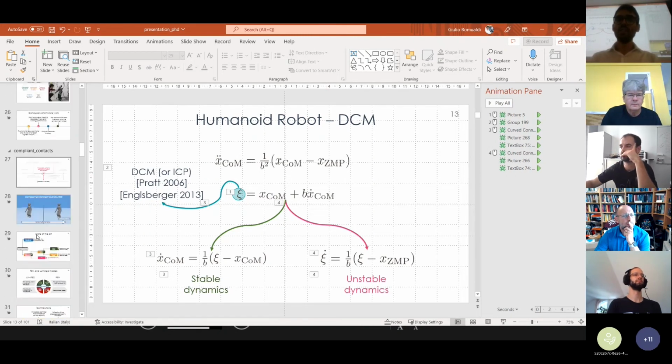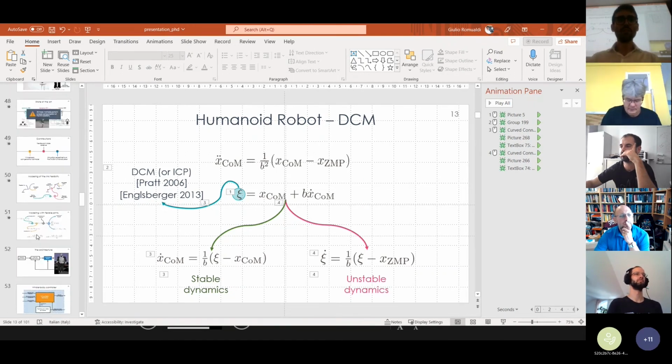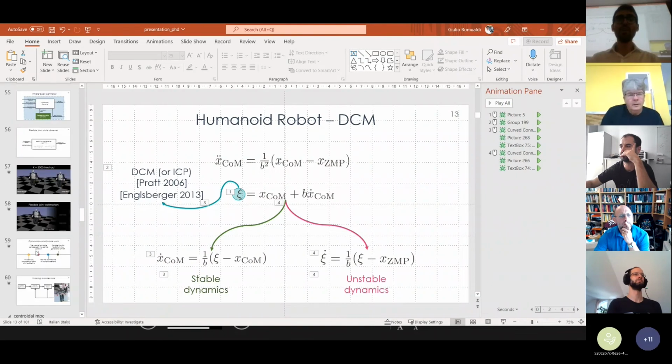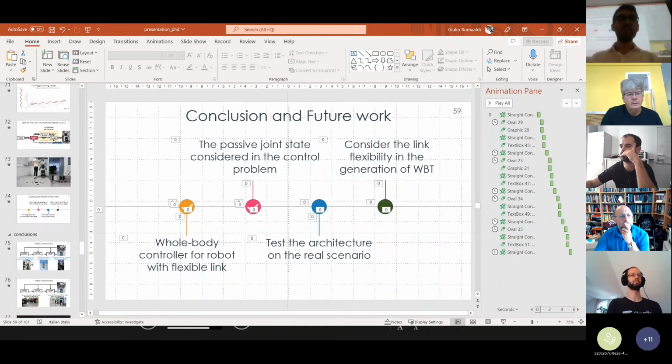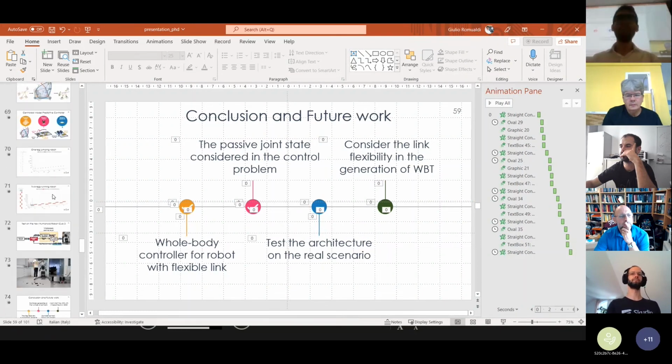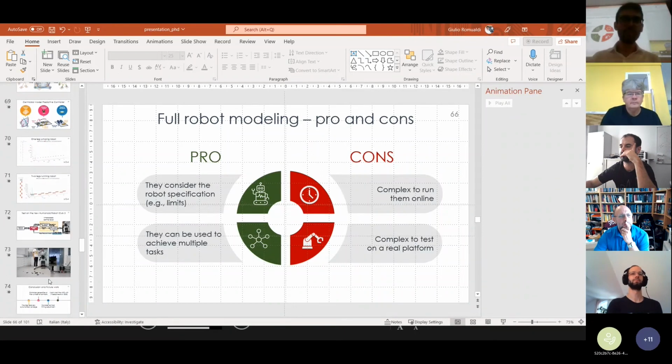And actually, we try to go in the middle also here, because instead of using whole body controllers, we want to consider the human-like motion that has been generated using, okay, this one here.